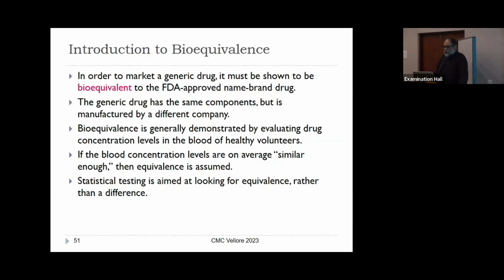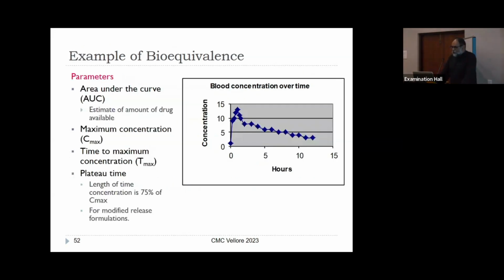So if the blood concentration levels are on average similar enough, and they have all sorts of metrics for it, then equivalence is assumed. And that's not what we would consider a trial. So bioequivalence, for example, they would look at how the blood gets taken in or how the concentration changes.